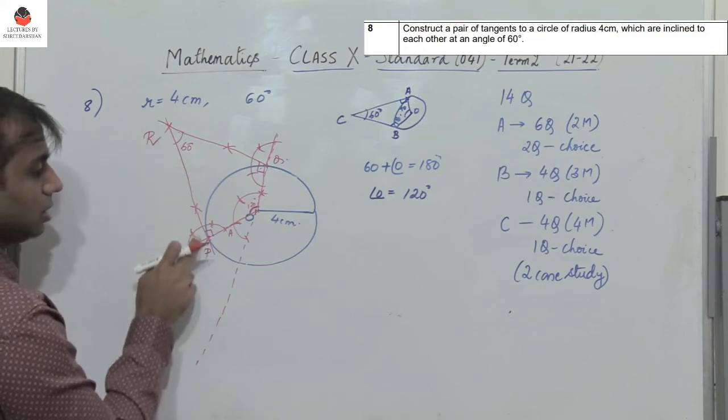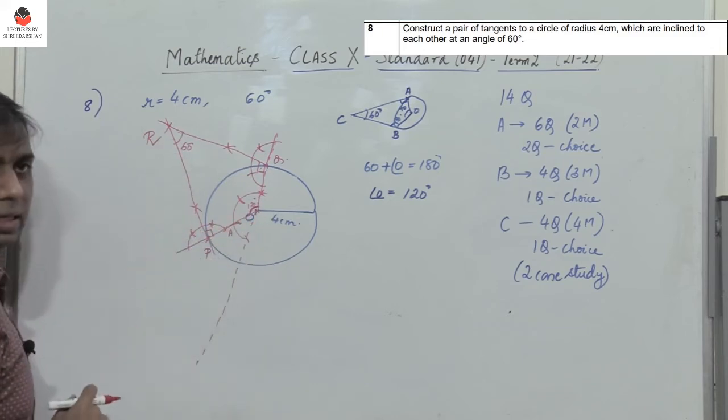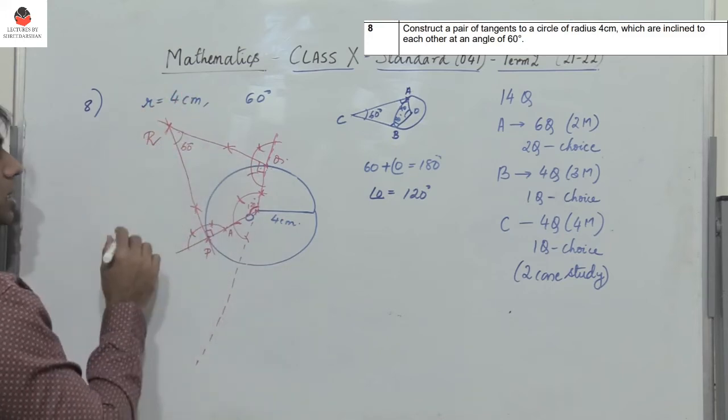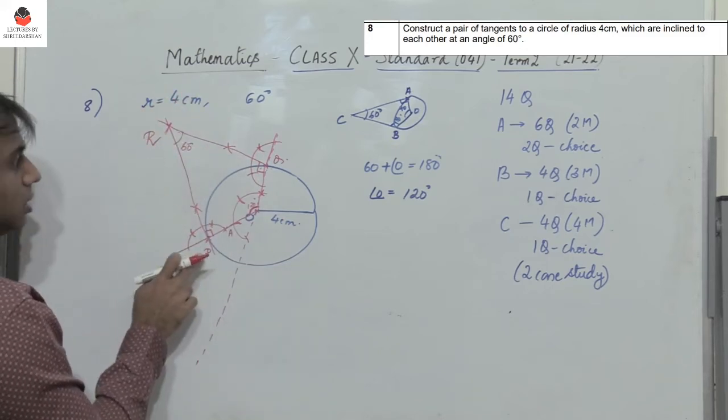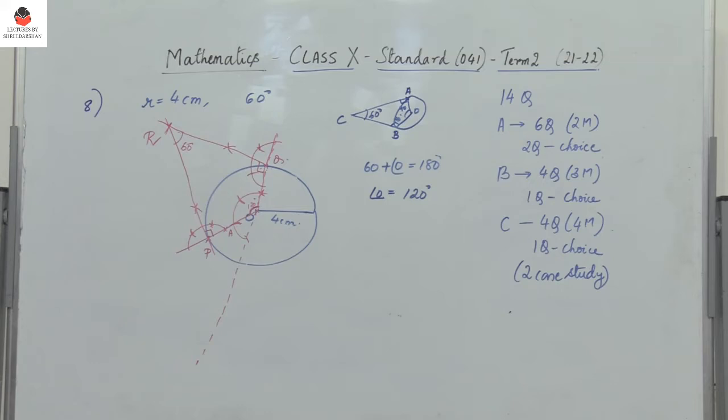And here again I construct another tangent such that the tangent and the radius are at an angle of 90 degrees. You extend these two, they will intersect at a point R. And this angle PRQ will be 60 degrees. So this is how you construct a pair of tangents to a circle of radius 4 centimeters which are inclined to each other at an angle of 60 degrees.